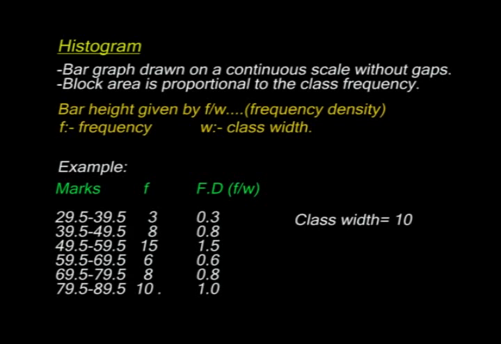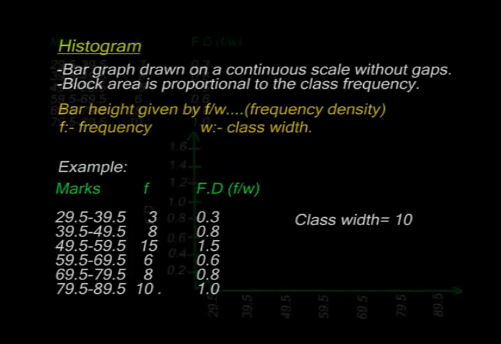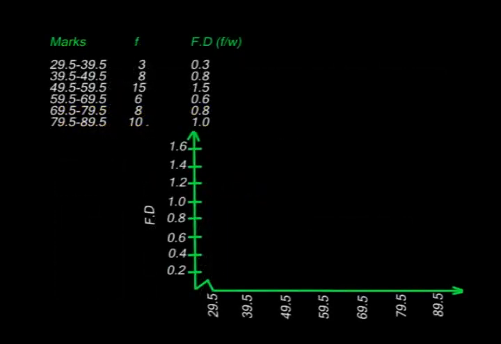So we now draw a histogram, the frequency density versus the class boundaries. So the frequency density is on the vertical axis and the class boundaries are on the horizontal axis. So we have our first bar from 29.5 to 39.5. We have a frequency density of 0.3.